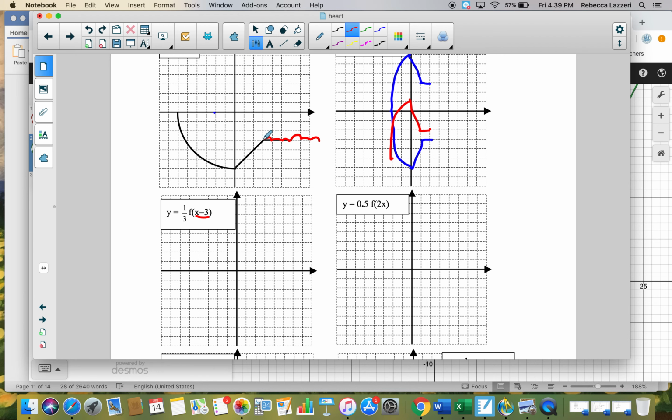So I'm going to take this at 3, -3, and move that point over 1, 2, 3. And I'm going to take this end point right here and move it over 1, 2, 3. And then this point, I'm going to slide it over 1, 2, 3.